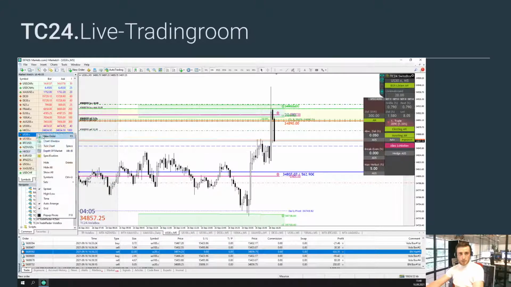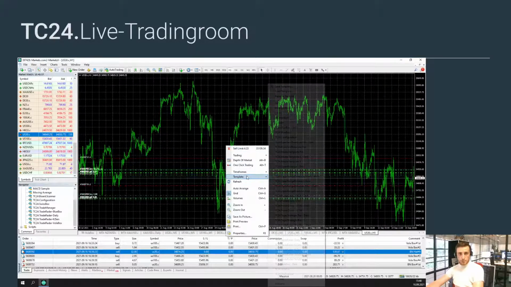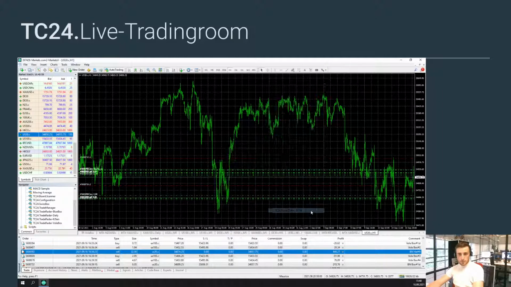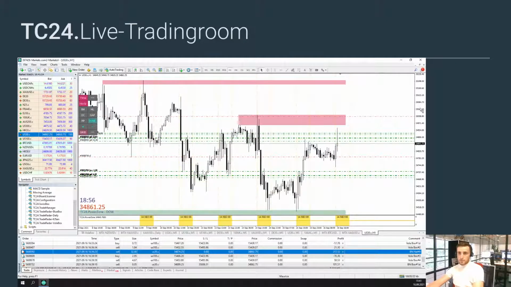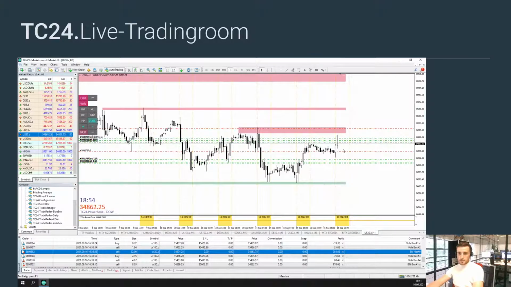So on the other chart there, when we loaded it in and put the power tools inside, power zone down, off zone. So I'm saying that the next support zone is quite far away.